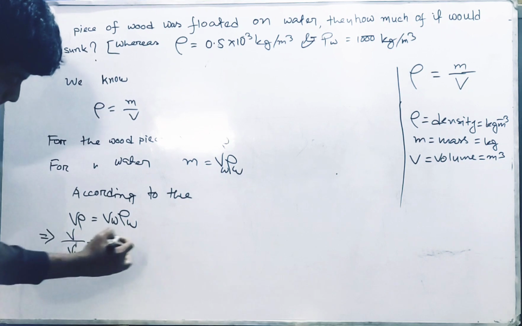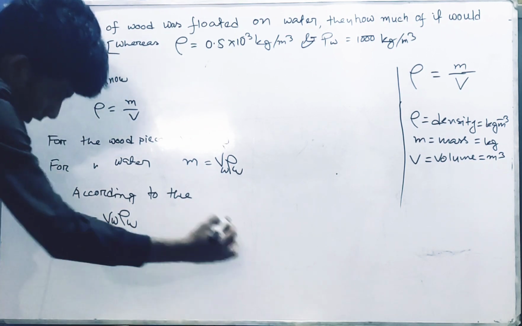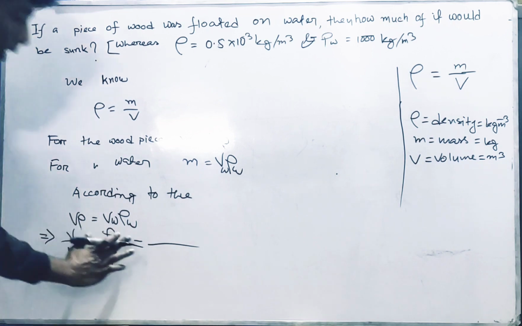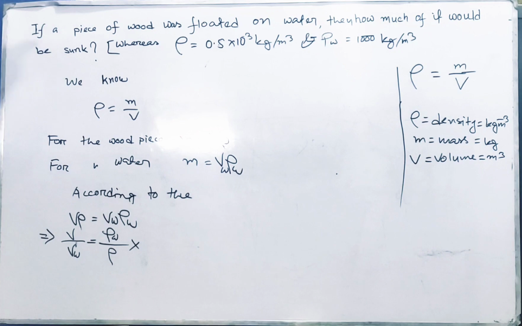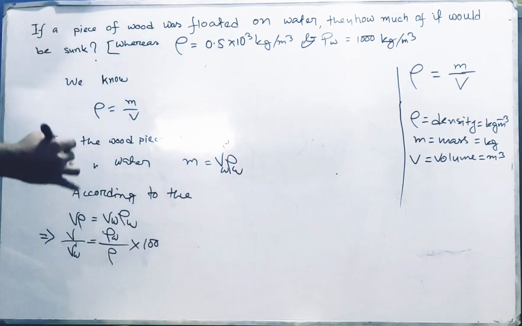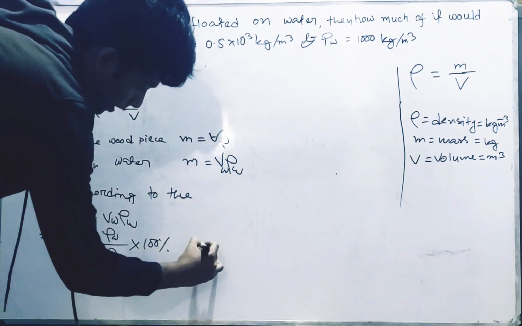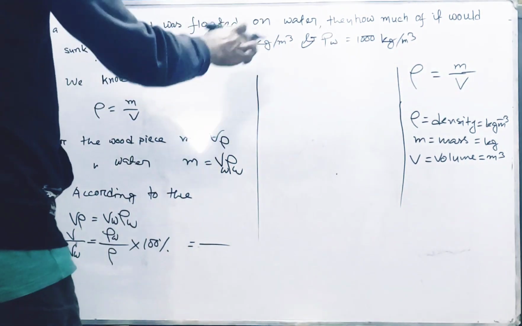Then if you want to make it a percentage, you will have to multiply by 100%. Then please write down the magnitudes of rho and rho w.